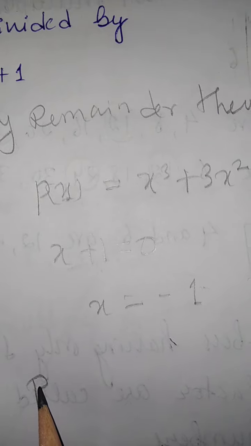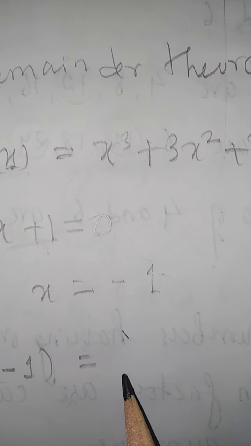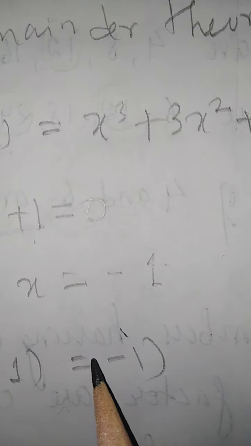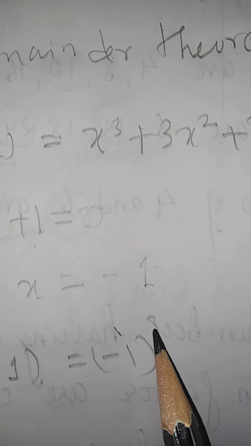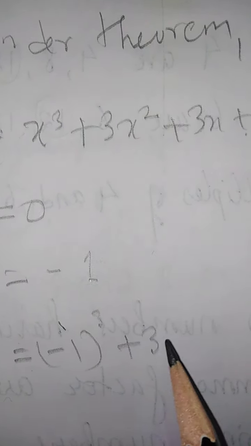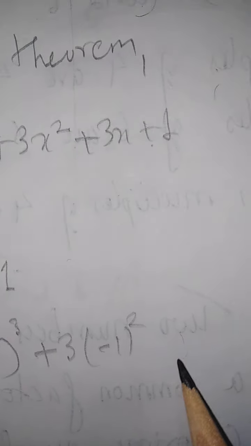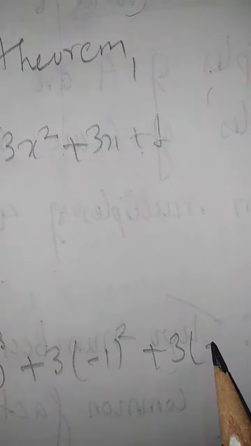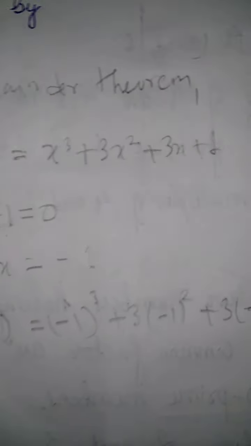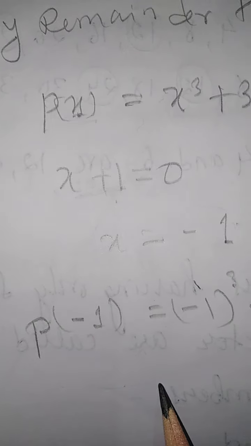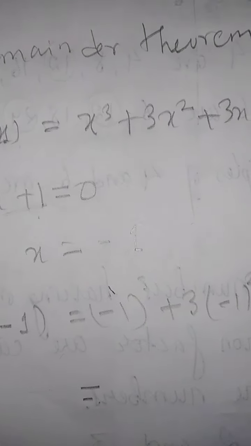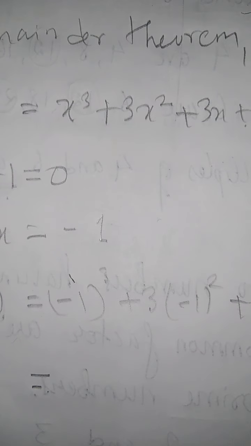Now p(x), in place of x, what is the value here? p(minus 1) is equal to, now x cube, what is the value of x? Minus 1, isn't it? We are just replacing x with minus 1, plus 3 x with minus 1, plus 3 x with minus 1, then plus 1. Now this is minus 1 whole cube, means minus 1 three times.